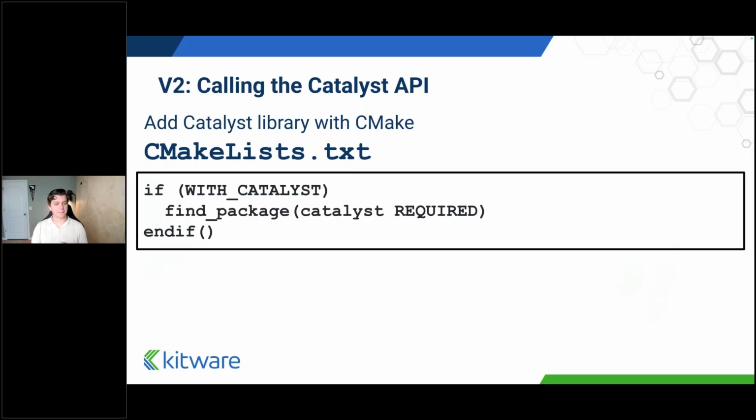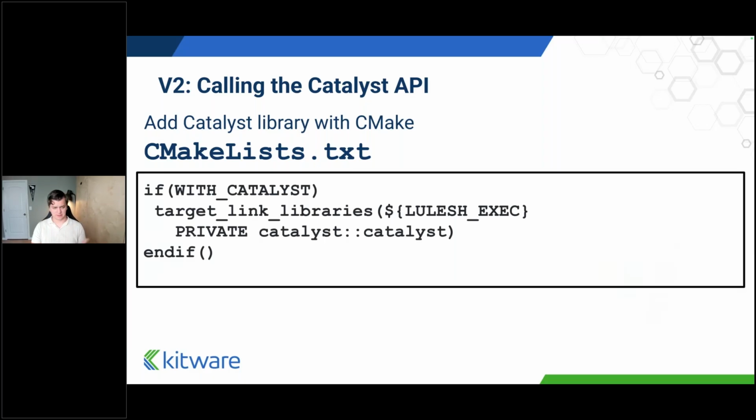That should be straightforward if you're familiar with the CMake workflow. Similarly, we're going to need to link our library. So we have our Lulesh executable, and we're going to need to link Catalyst with that executable. Again, this is not particularly profound CMake, but we try to make this as easy as possible for you.